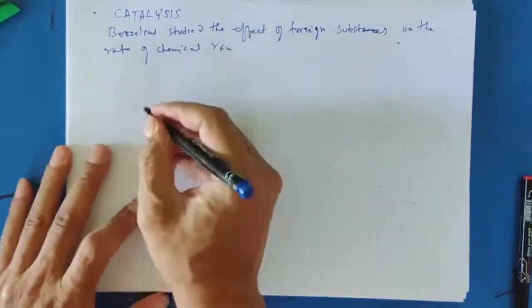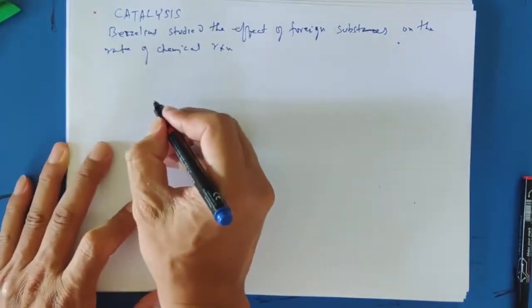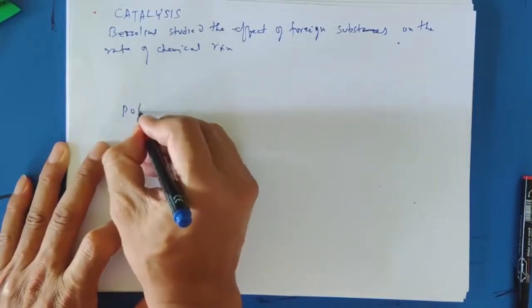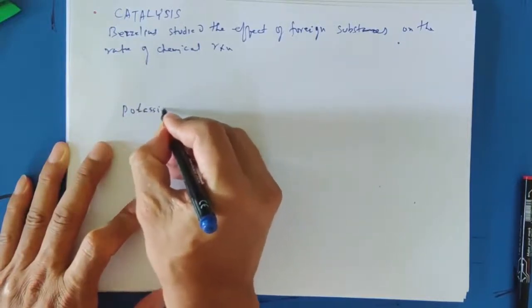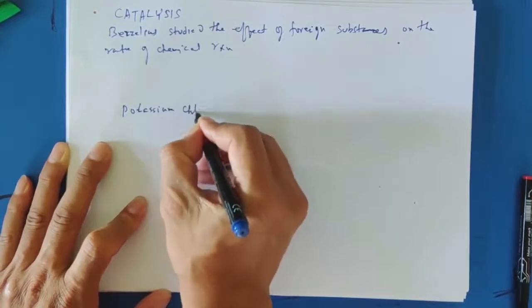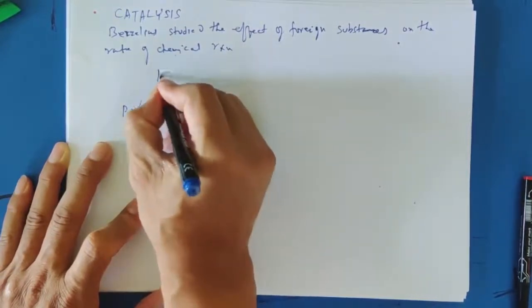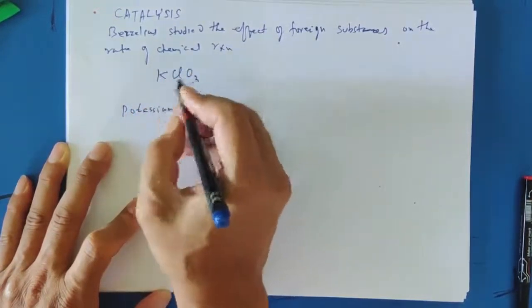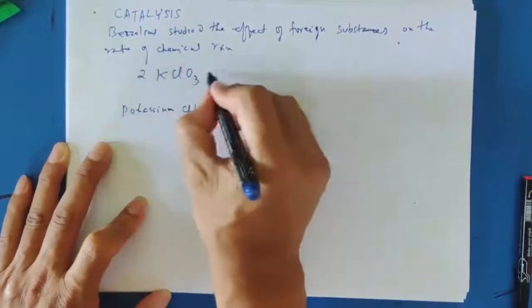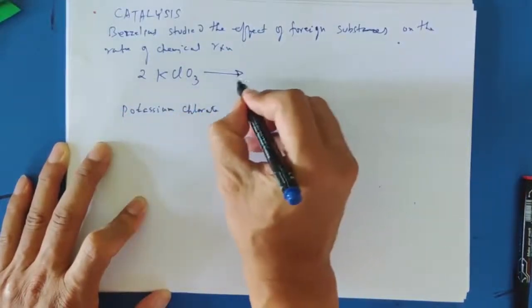A compound like potassium chlorate. So he took potassium chlorate, formula is KClO3. Two molecules, balanced again.